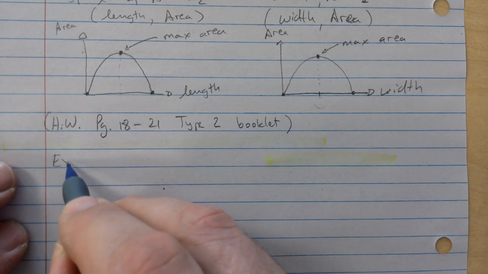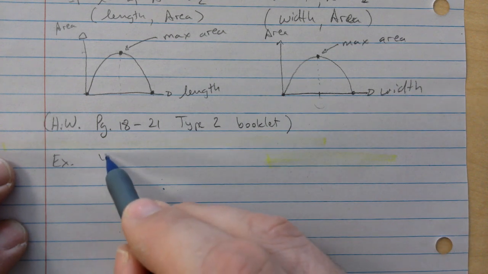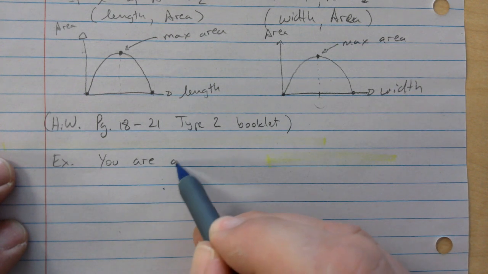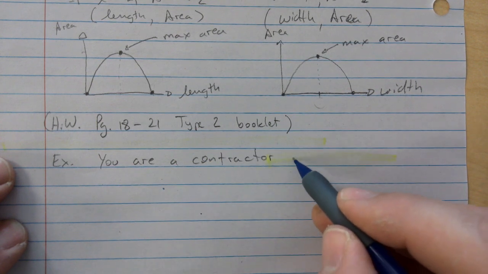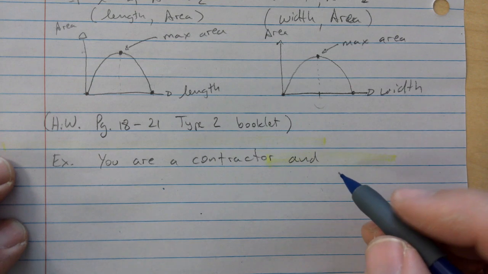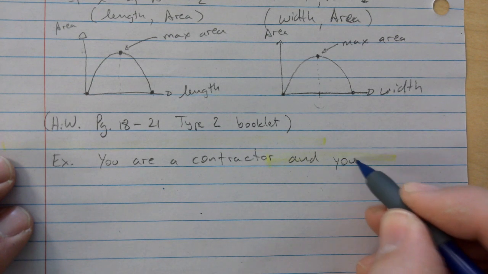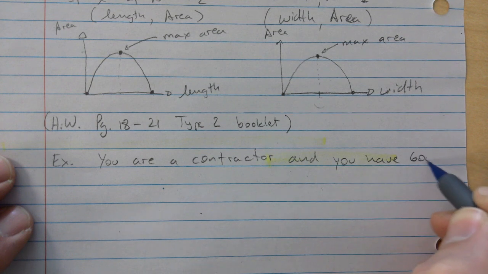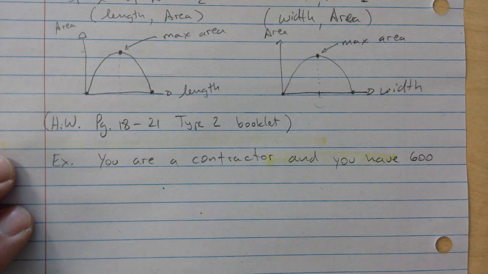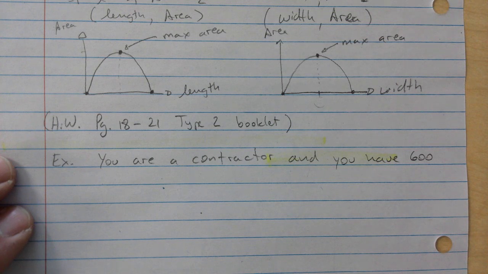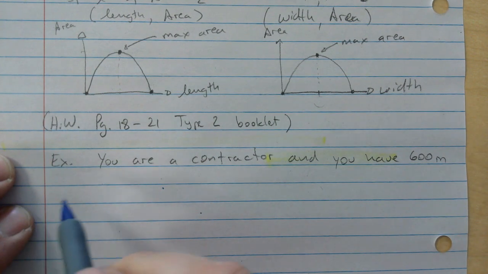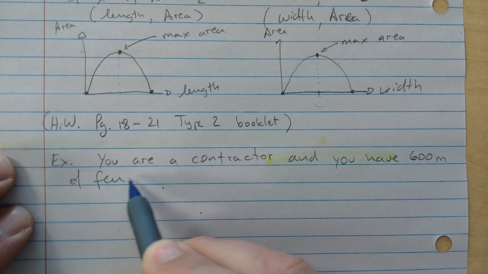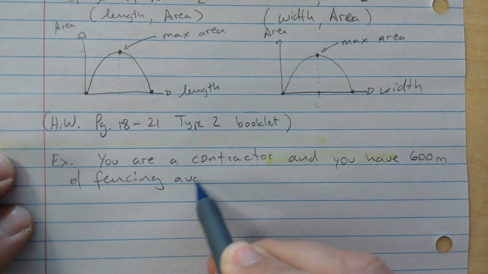So example, you are a contractor and you have 600 meters of fencing available.